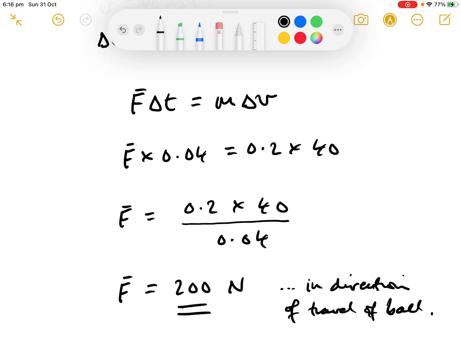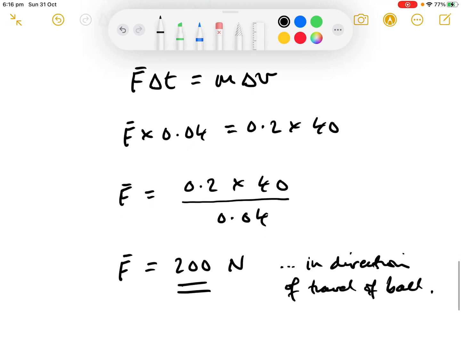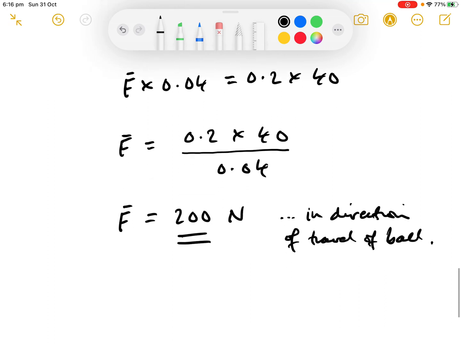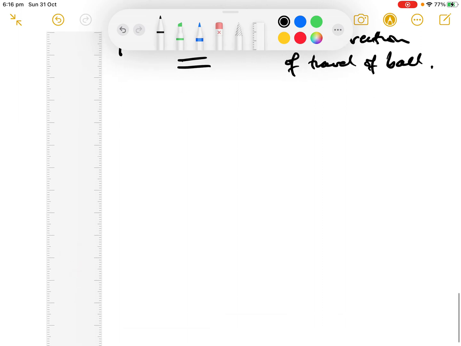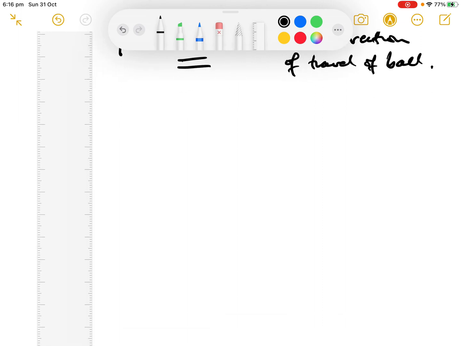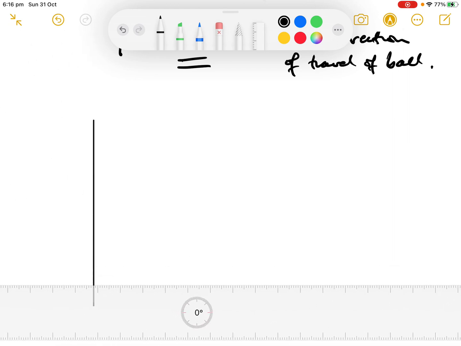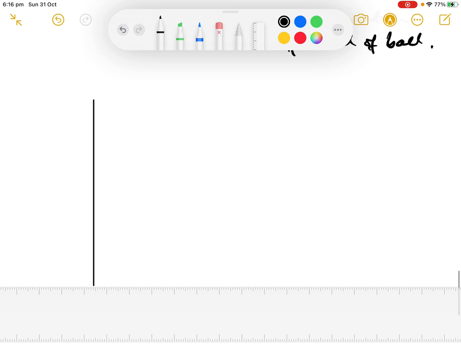Okay, so there is the average force, 200 newtons. Now you need to be familiar with how that gets plotted on a graph. So let's sketch how that force would typically vary on a graph with the golf ball, like so.